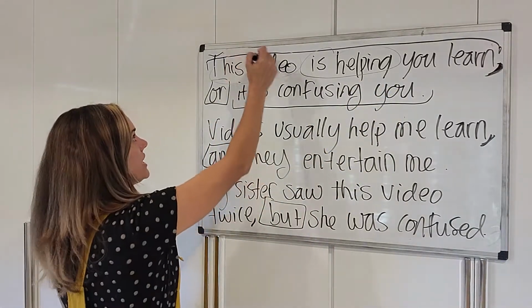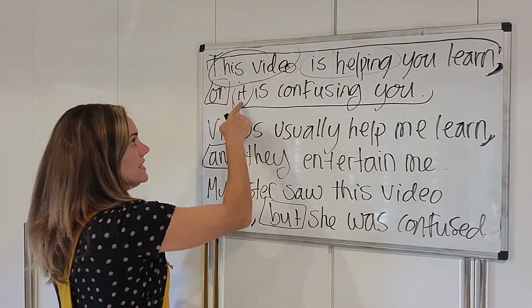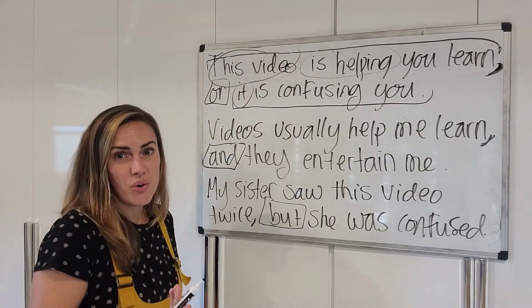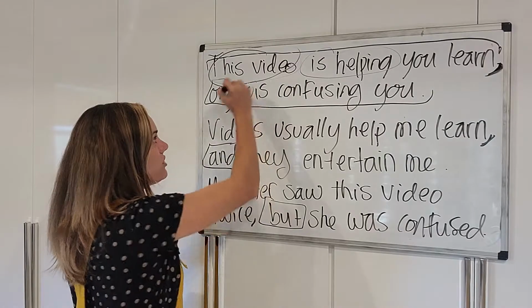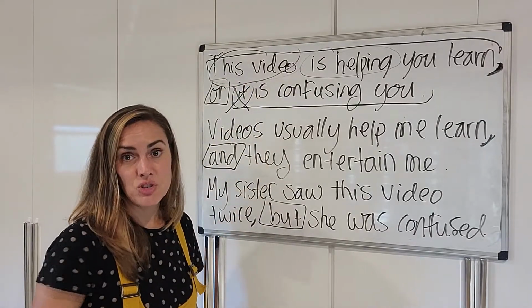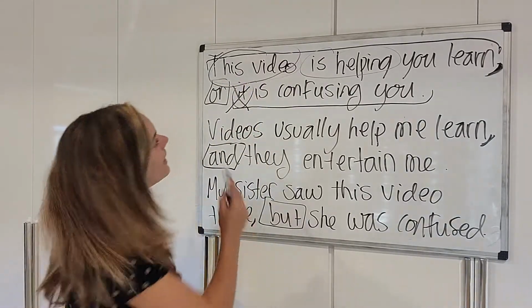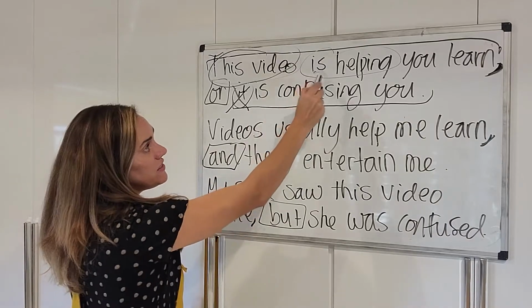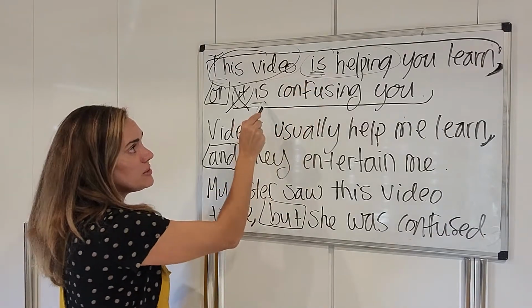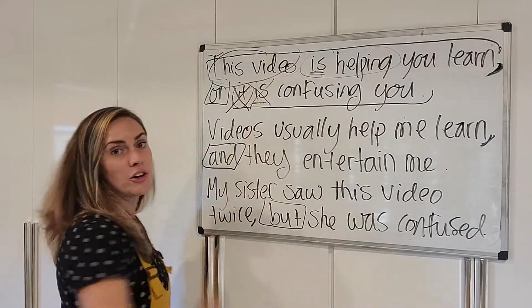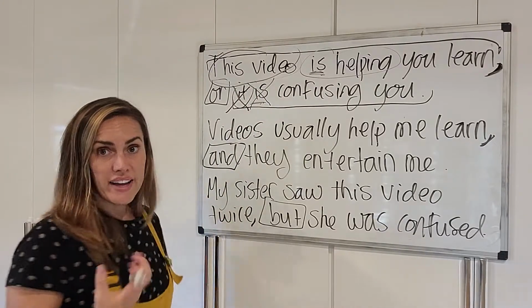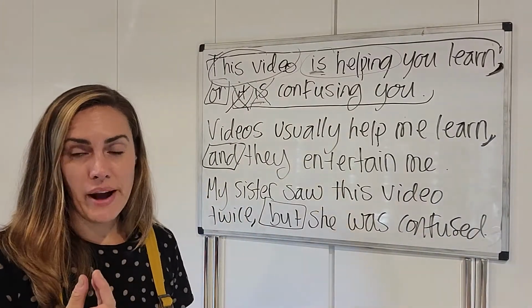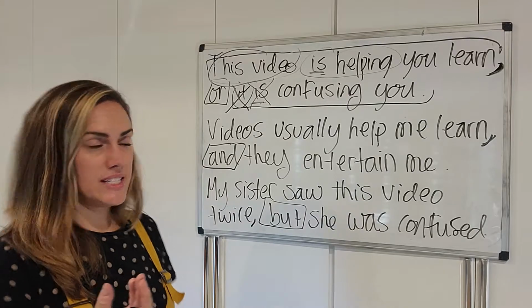Because the subject is the same, this video, we can actually take it out over here. We don't have to have that subject repeated. And because this verb is and this verb is, we can take out the verb also. So I can reduce it and it's still parallel, and this is what it sounds like.